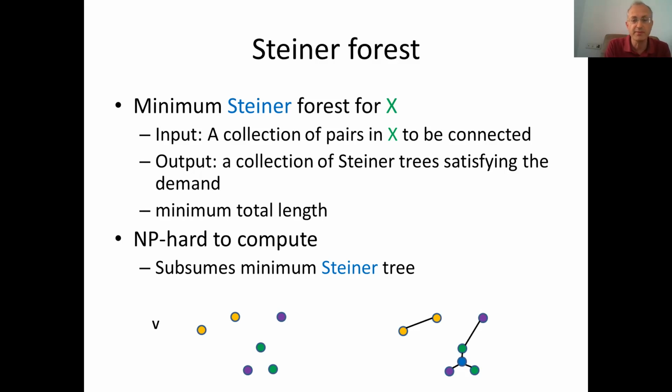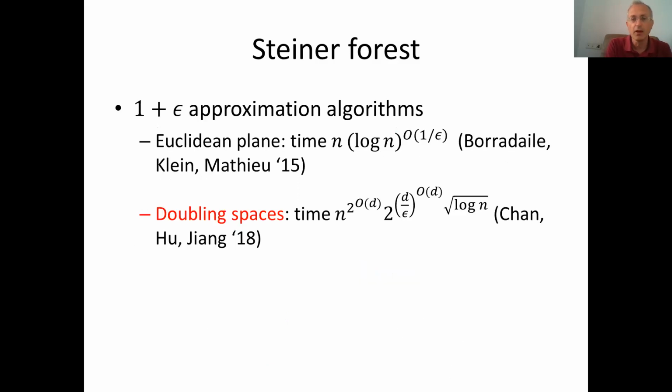Now, this problem is NP-hard to compute. It inherits the NP-hardness from regular minimum Steiner tree because you can have all the points in the same set to be connected. For this problem, a 1 plus epsilon approximation was suggested in Euclidean space by Borradaile, Klein, and Mathieu. It runs in time nearly linear in n.